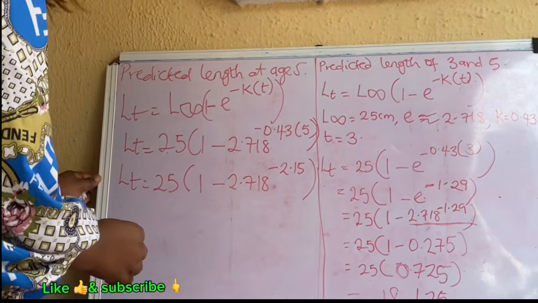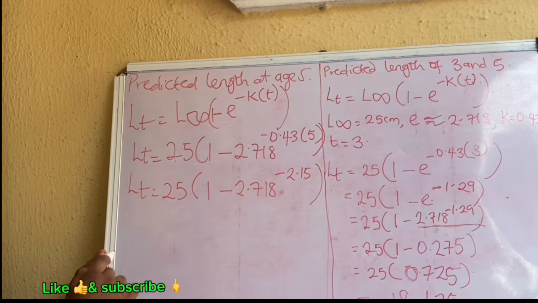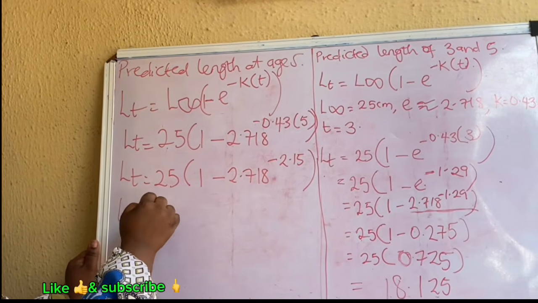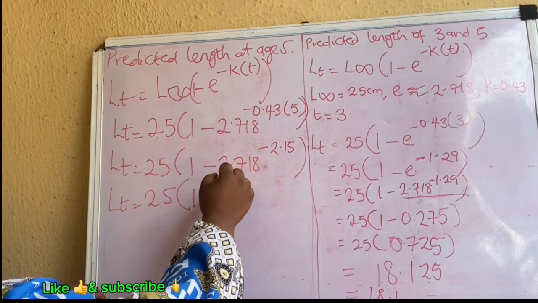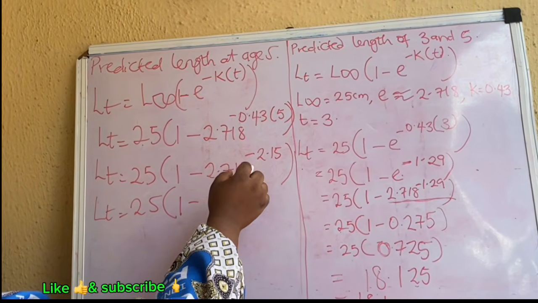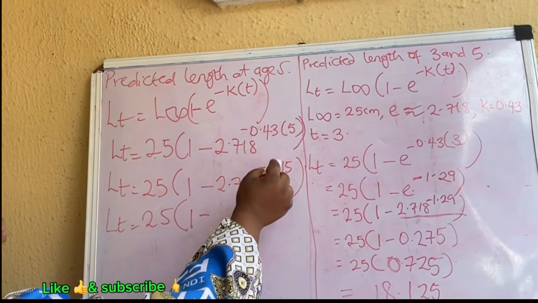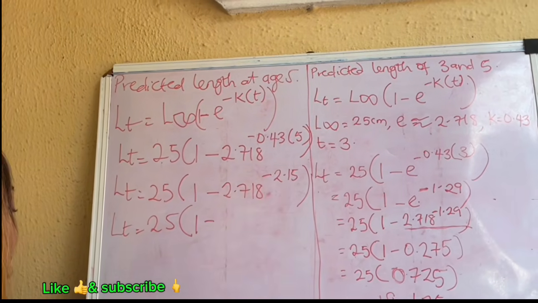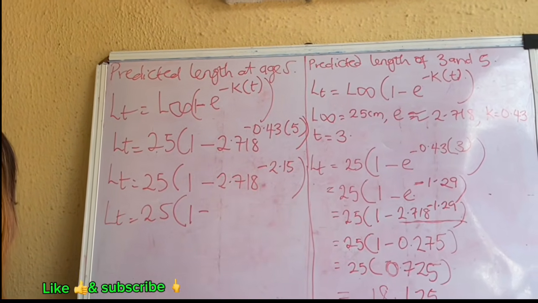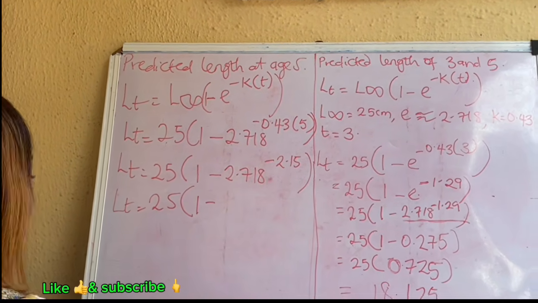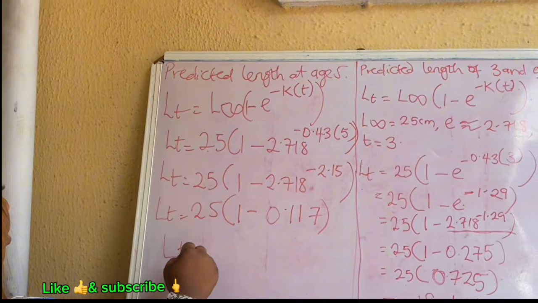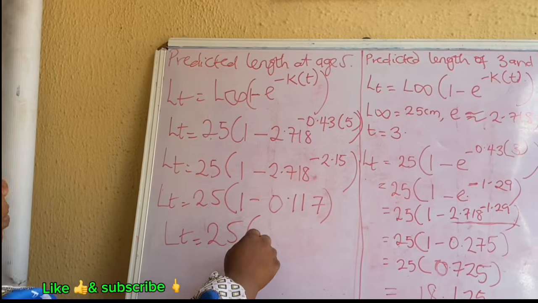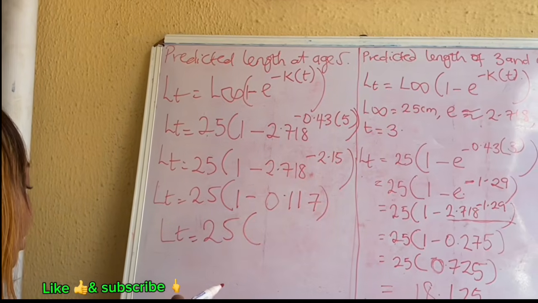Okay, so what you have to do is 1 minus this, 2.718 raised to power minus 2.15. Let's see what the value is.